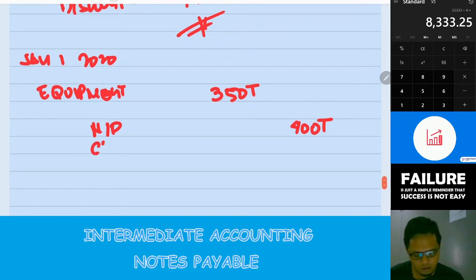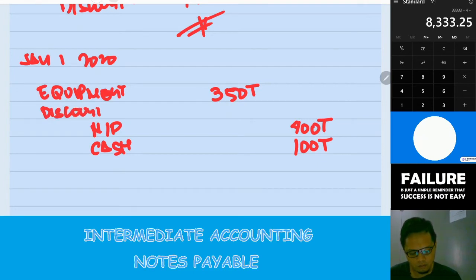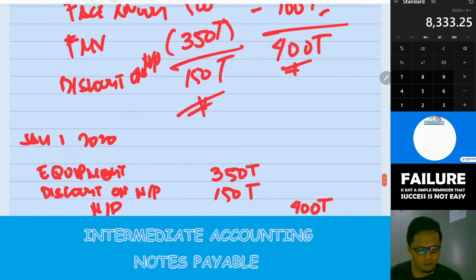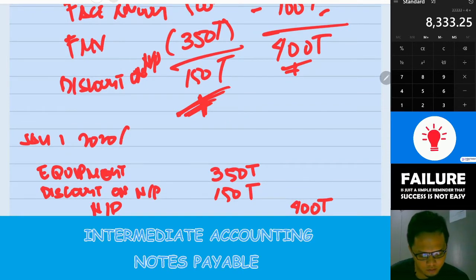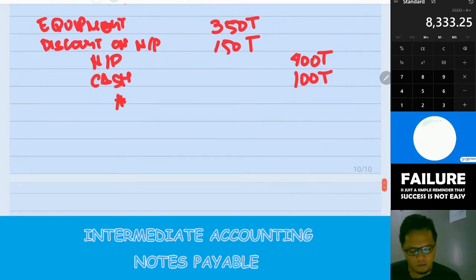Then credit cash, equivalent to our down payment of 100,000. So what is the balancing entry here? The discount on notes payable as computed, 150,000. That is on the date of original issuance.